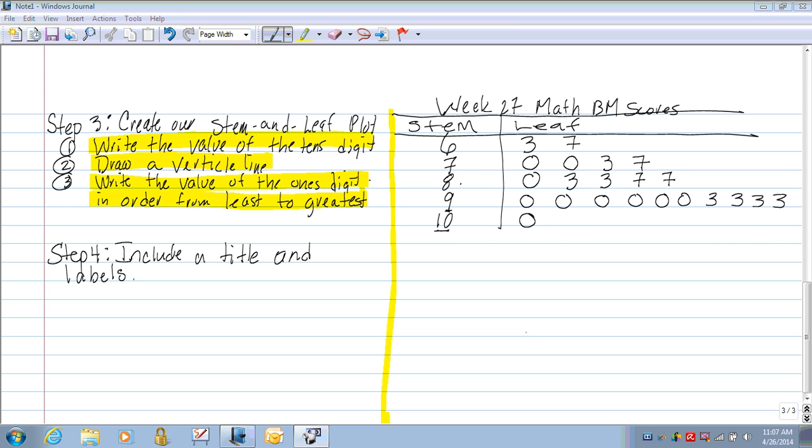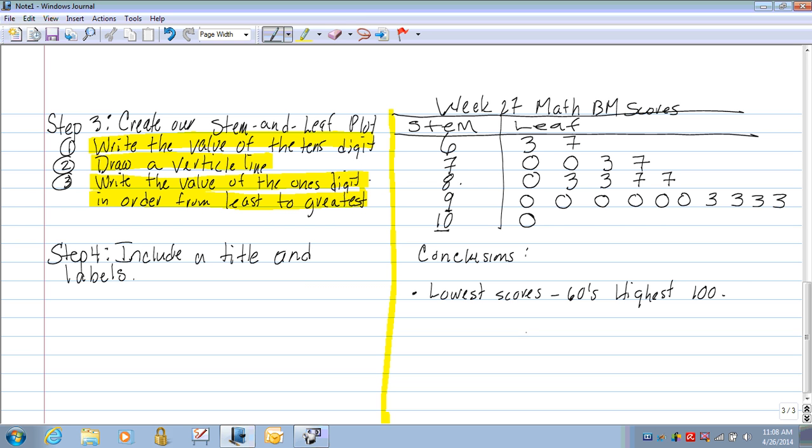Just by looking at it, I can say my lowest scores were in the 60s, and then my highest was, of course, a 100. That's one piece of data that I can gather quickly from this stem and leaf plot.